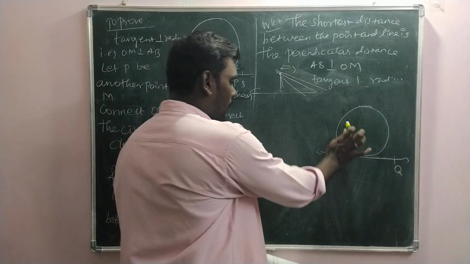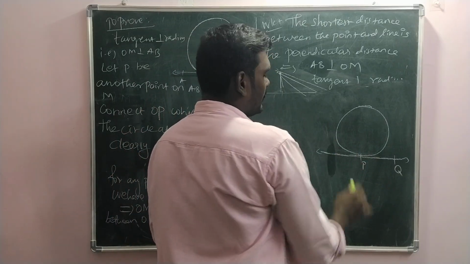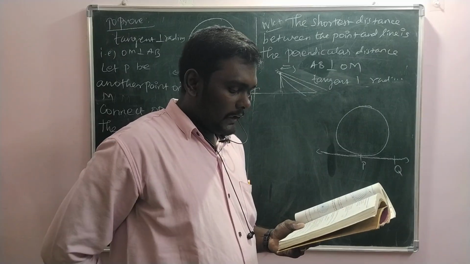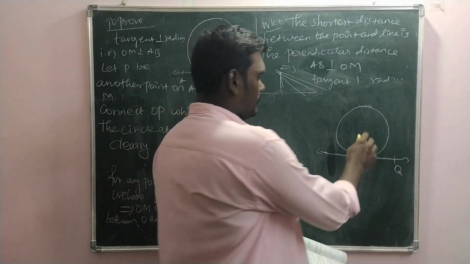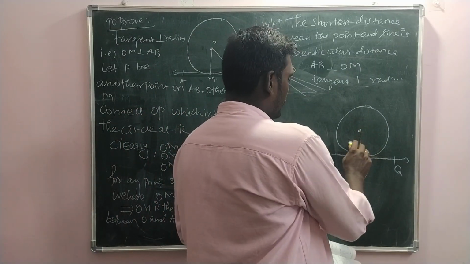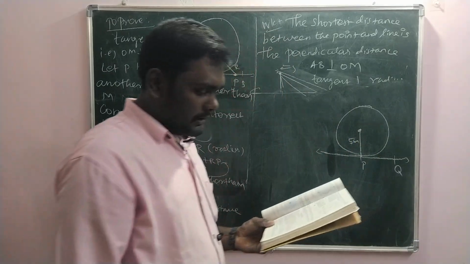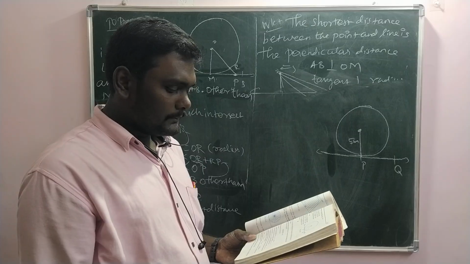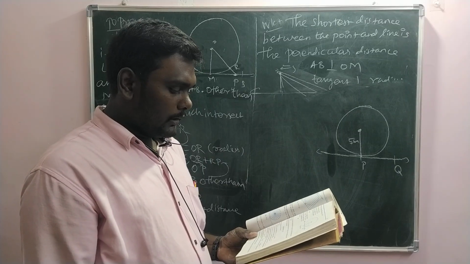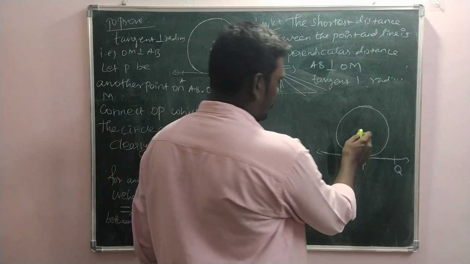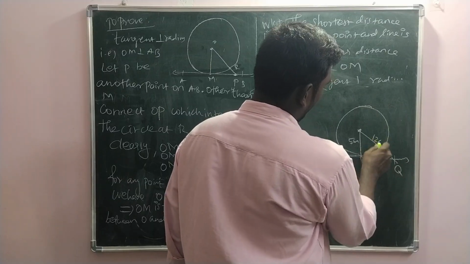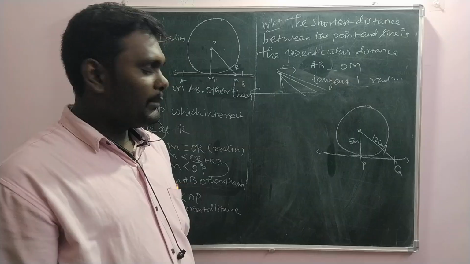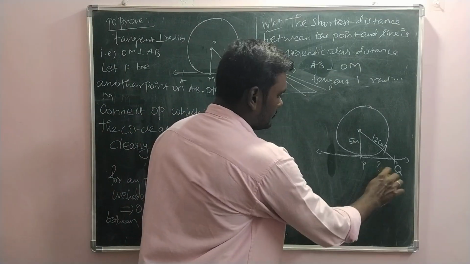That means point P is on the circle, and the radius is 5 cm. It meets a line through the center O at a point Q, so that OQ is 12 cm. Then the length of PQ, this distance.